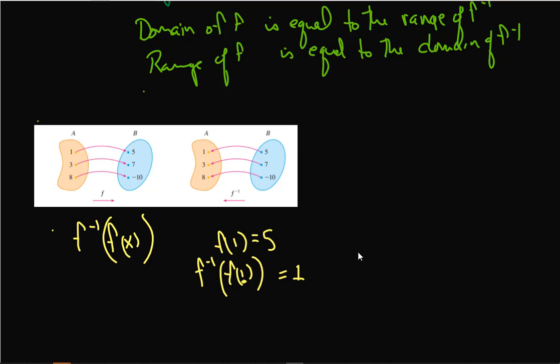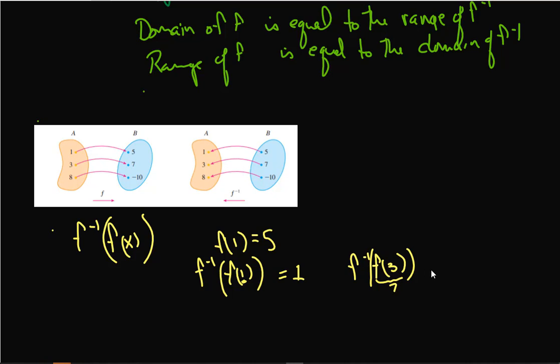Let's try it again. Suppose I do f inverse of f of 3. I'm putting 3, which is in the domain of f, into f, and I get out 7. Then I'm putting that into f inverse. Well, here's 7.